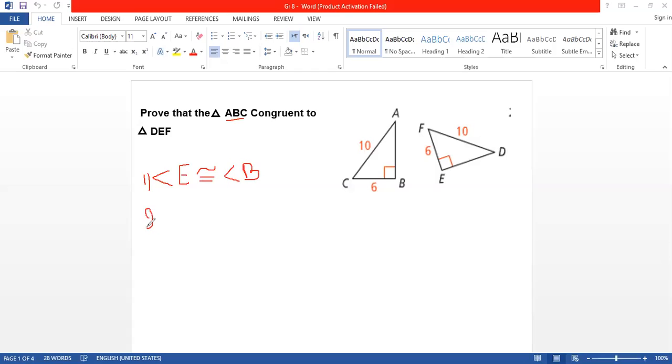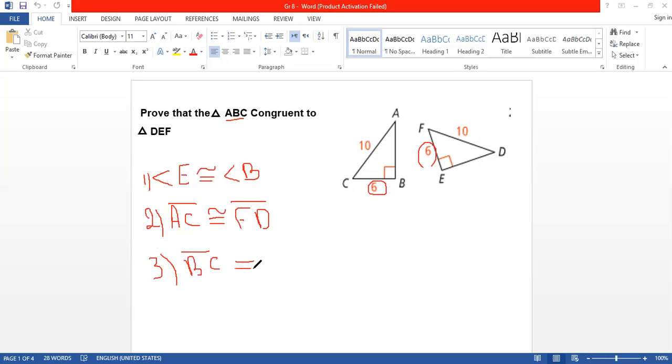Condition number two, you have AC is congruent to FD, the same hypotenuse. The hypotenuse here is congruent to this hypotenuse. The third condition, you have BC is congruent to EF, here is 6 and also 6.